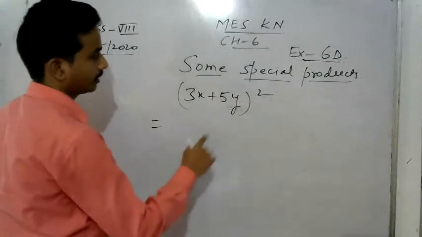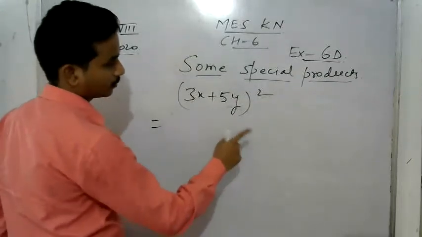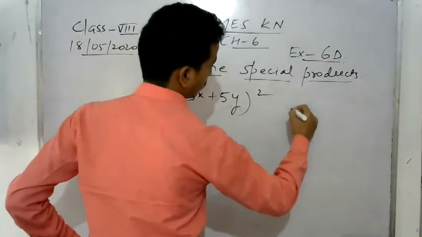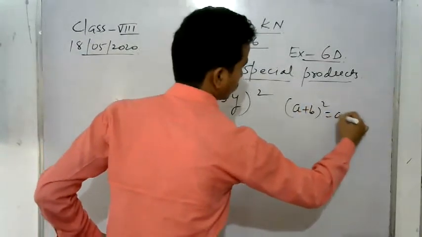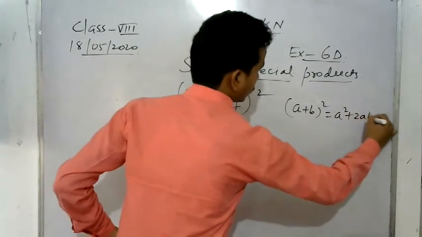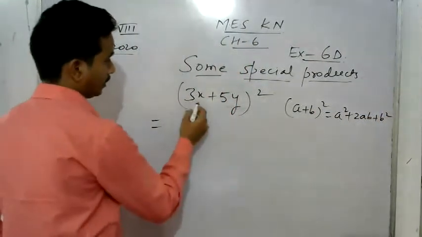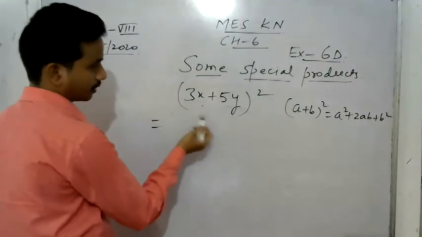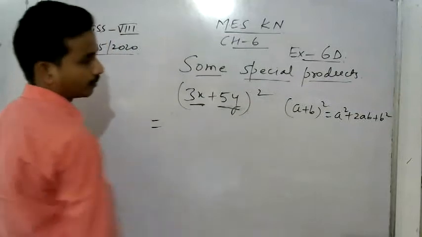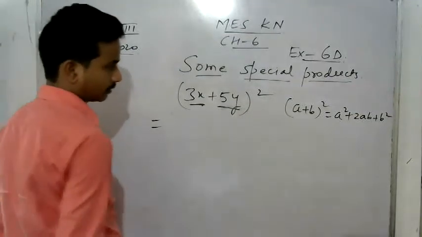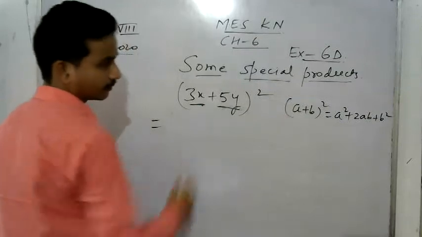Using the formula, we know that the whole square of (a plus b) is equal to a square plus 2ab plus b square. Now we will apply it. In place of a we have 3x and in place of b we have 5y.